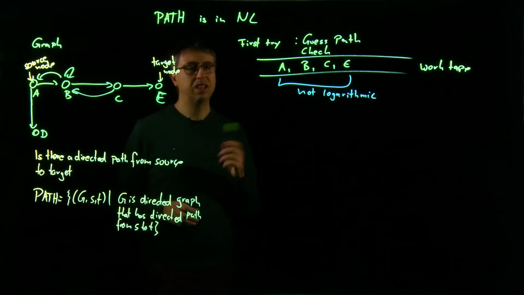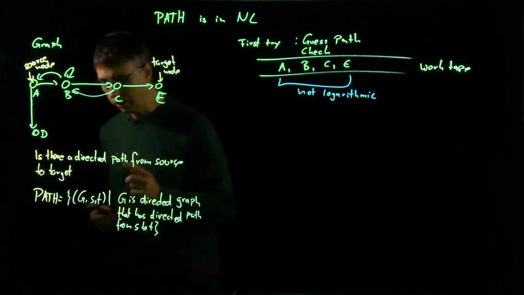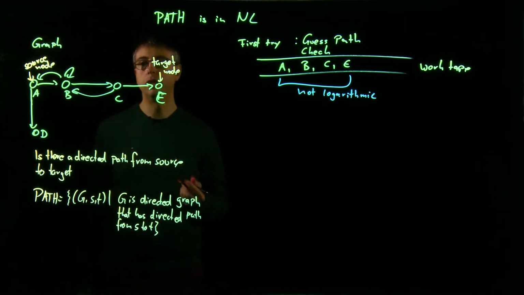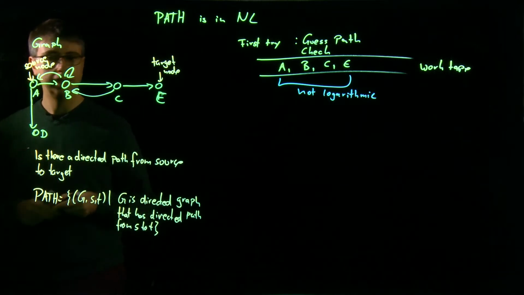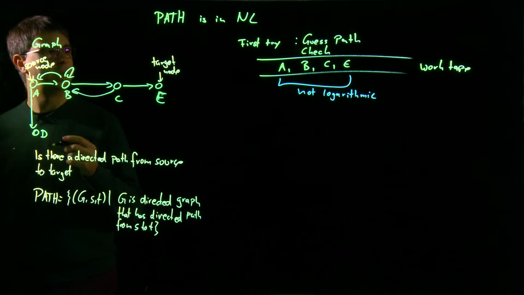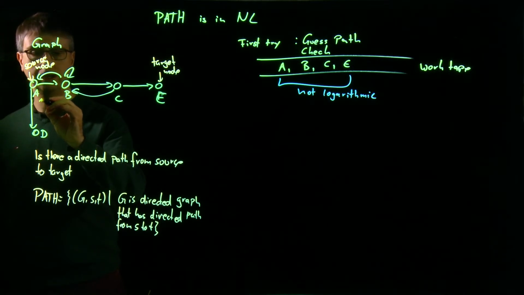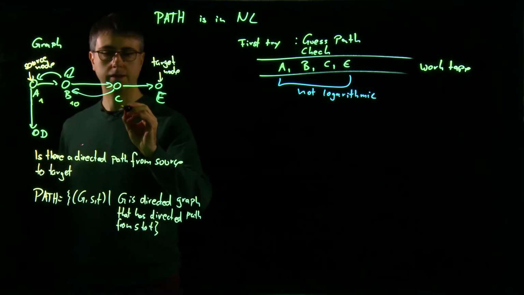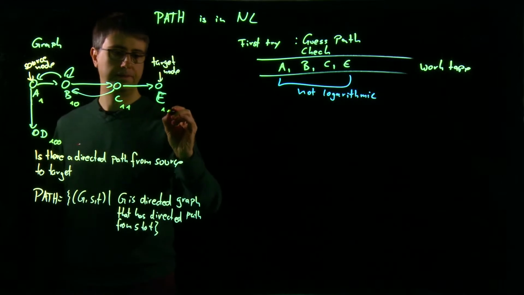However, actually we don't need the whole path on the work tape. The only thing that we really need is the current node, at which we are at some point in time. And what I will do is I will encode the nodes in, let's say, binary. So this is node 1, this is node 2, this is 3, this is 4, this is 5.